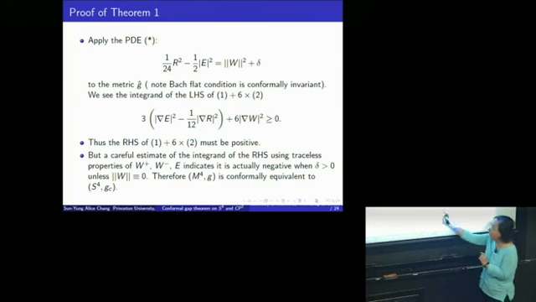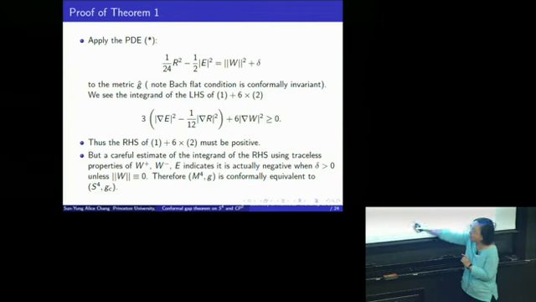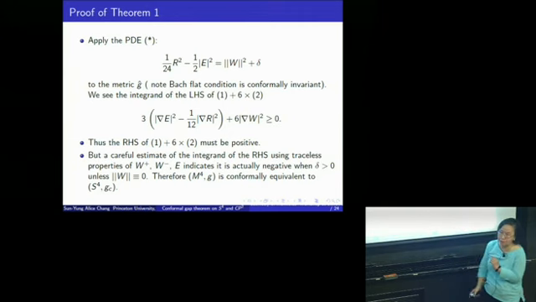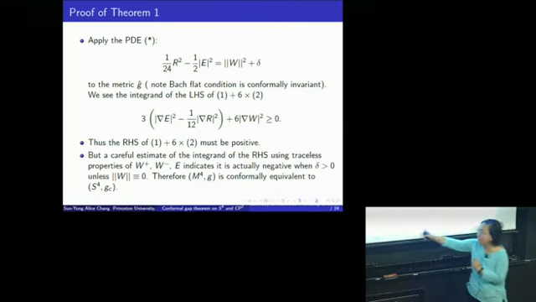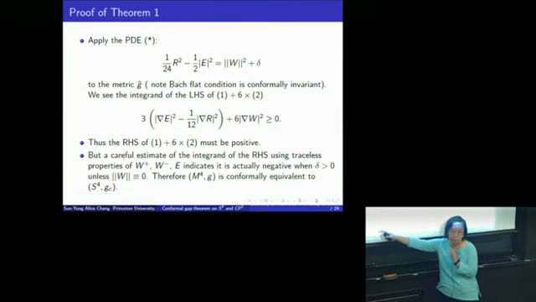And it turns out the right-hand side integral cannot be positive when delta is positive, unless Weyl is identically 0.